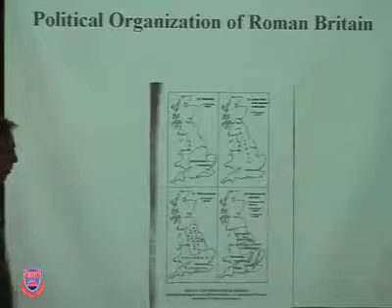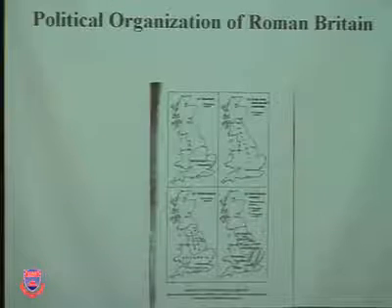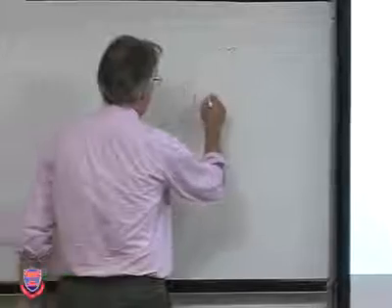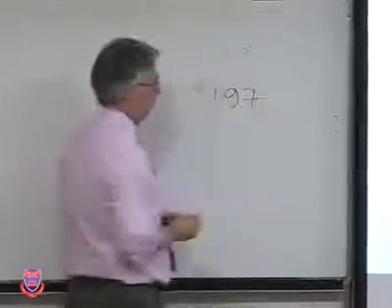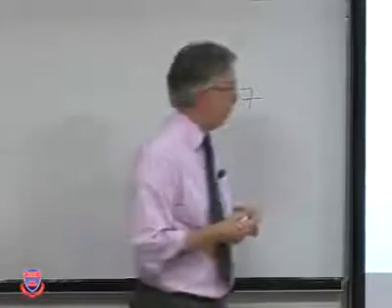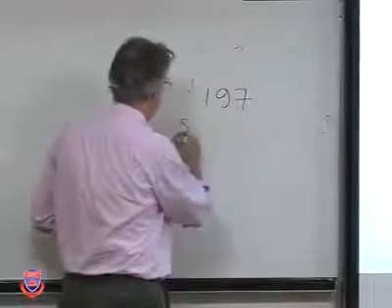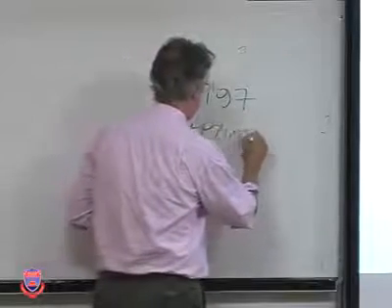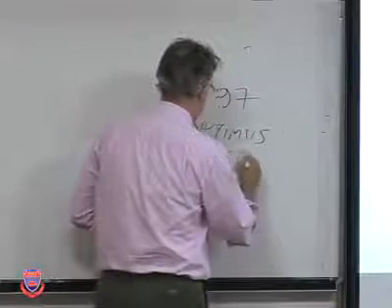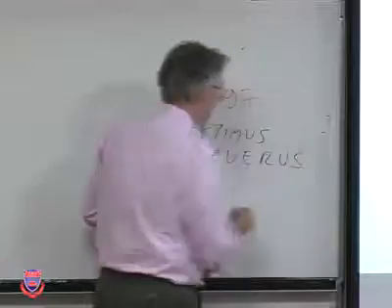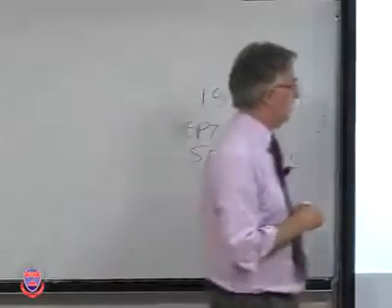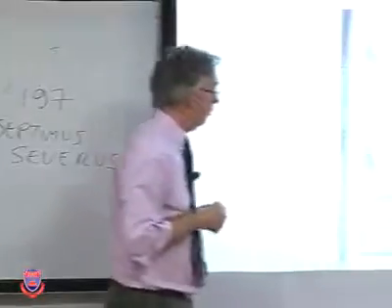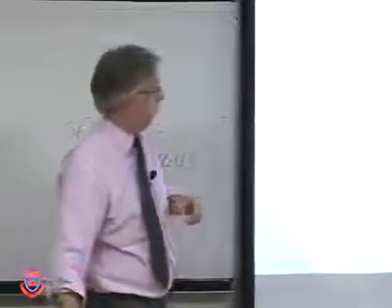In 197, under the Emperor Septimus Severus, it was deemed necessary to divide Britannia into two separate provinces.